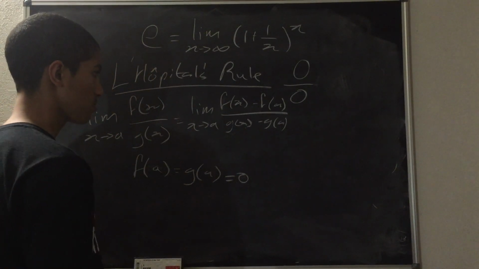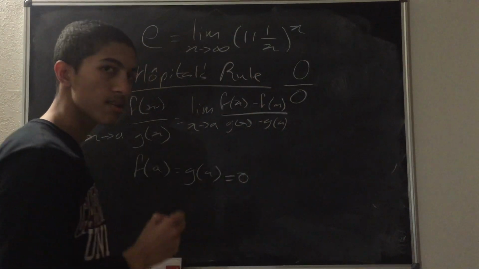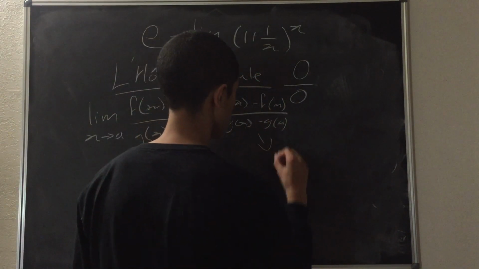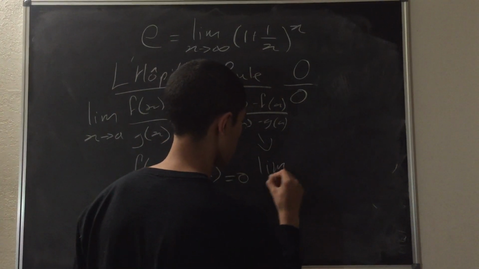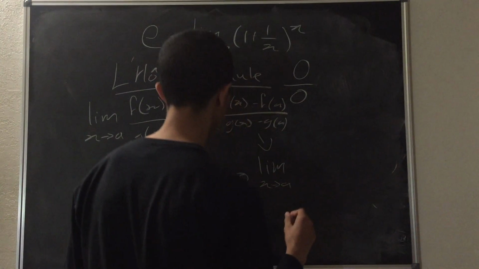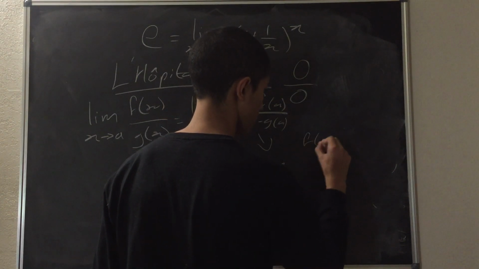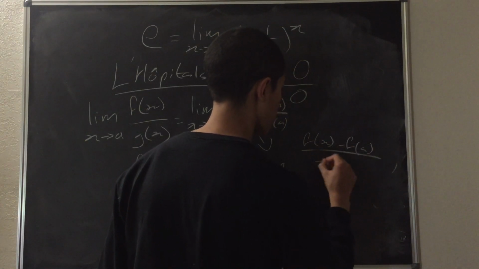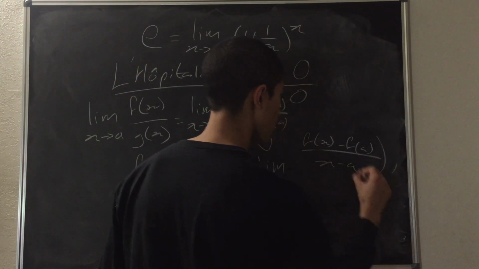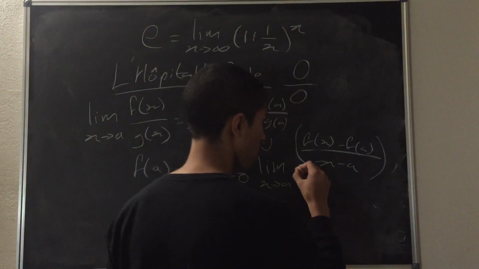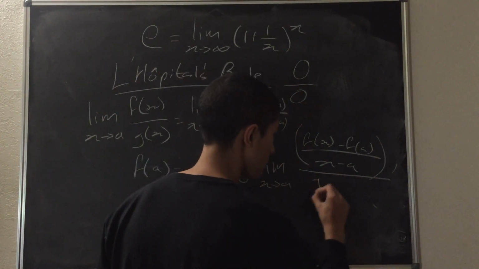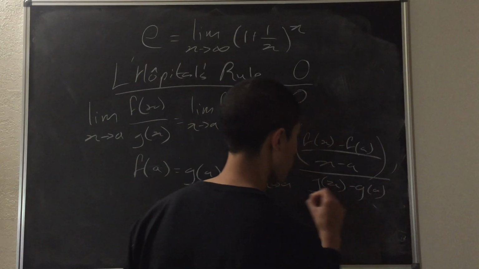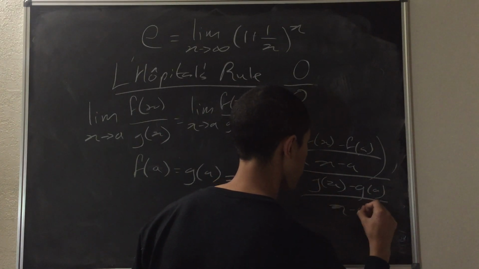Now what we're going to do is divide both the numerator and the denominator by x minus a. So then we get the limit x tending to a of f of x minus f of a divided by x minus a, and that's only the numerator, all of that divided by g of x minus g of a divided by x minus a.